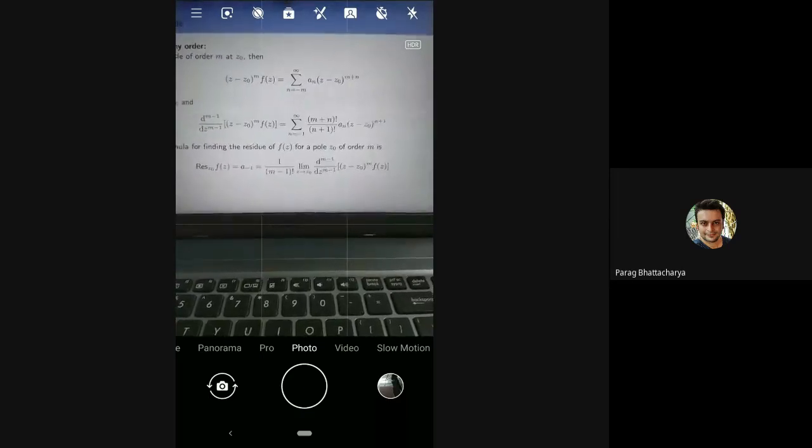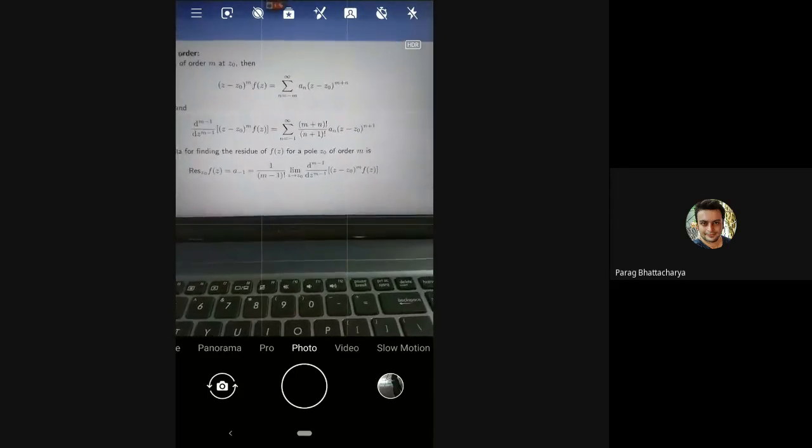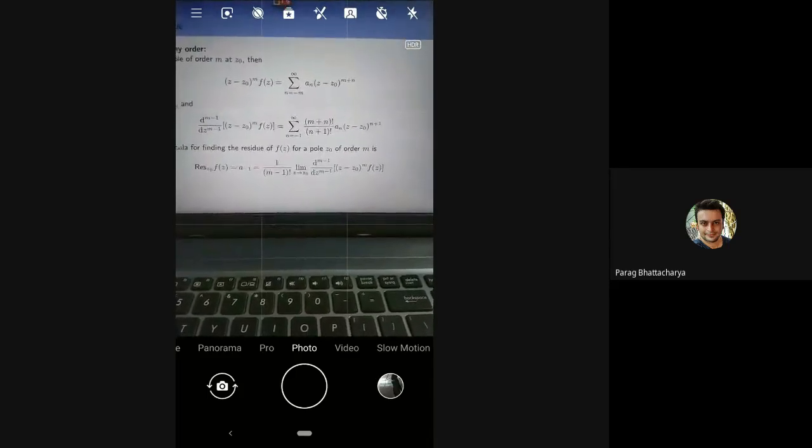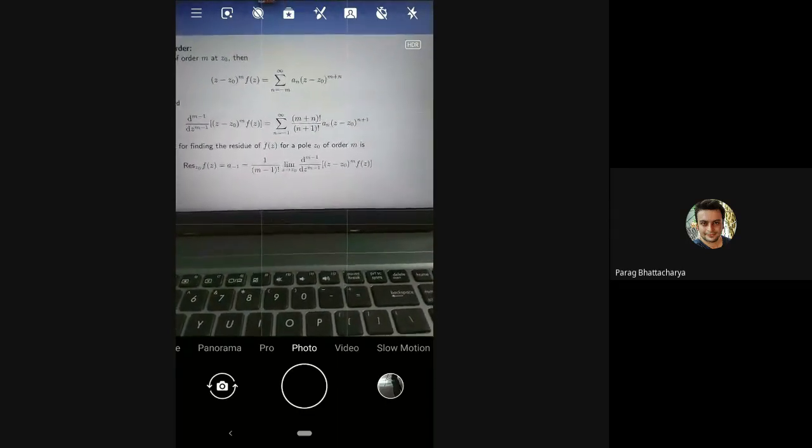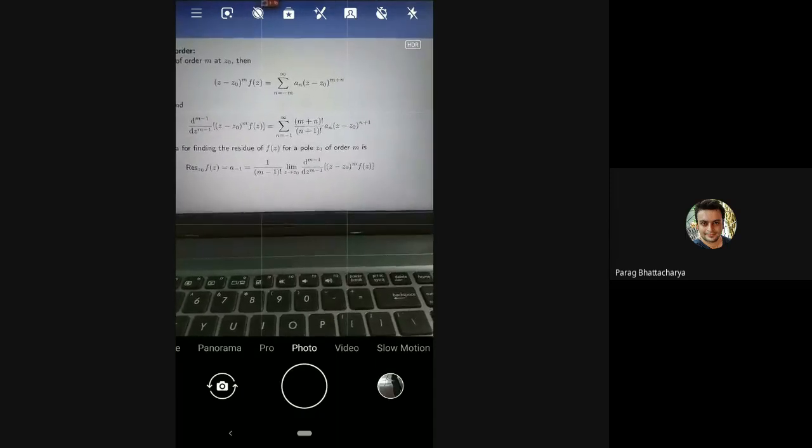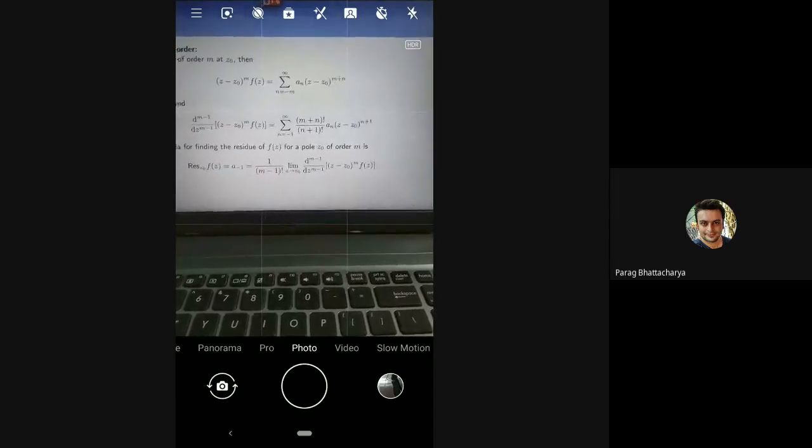This is important, never forget that. Limit as z tends to z naught of the (m minus 1)th derivative d^(m-1) by dz^(m-1) of (z minus z naught) to the power m times f of z. Okay, so this is the formula.